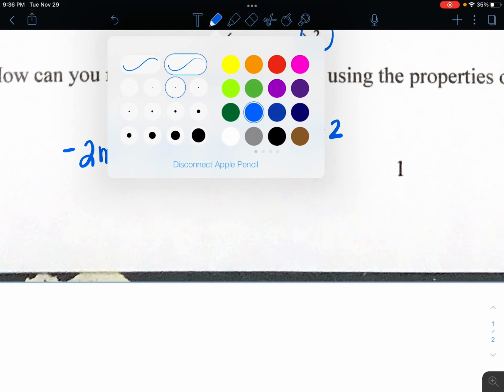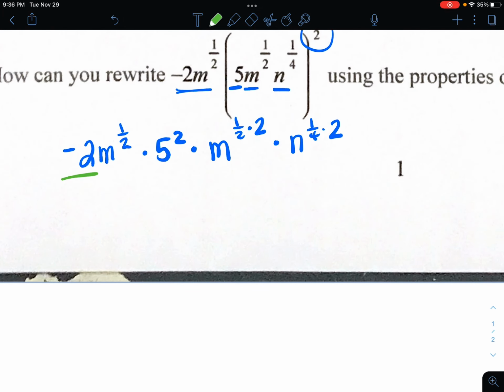All right, now we can see here that the -2 and the 5 squared are just numbers, right? Those are the coefficients, the bases, whatever we wanted to call them. So -2 times 5 to the second power is -50.